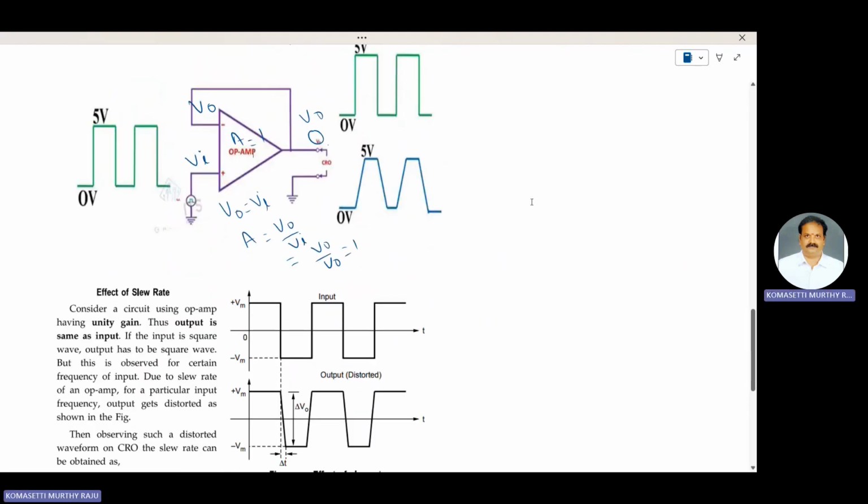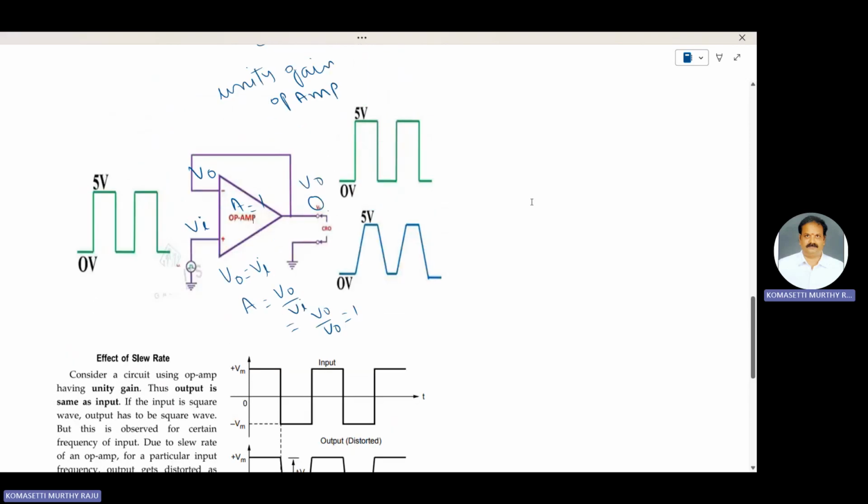This is the slew rate. Here, observe, this is the input waveform. This is the output waveform. Output waveforms are of two types.